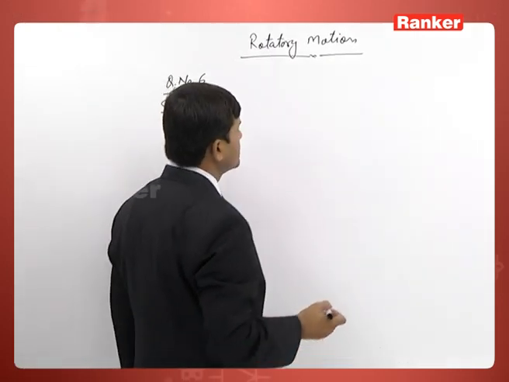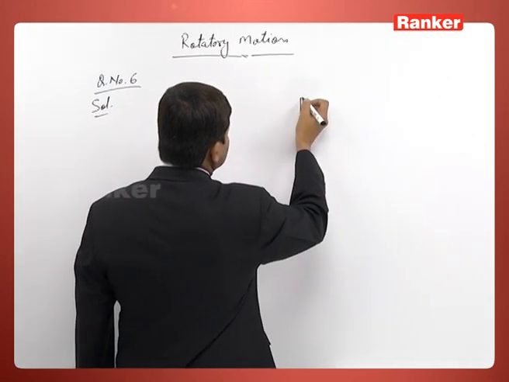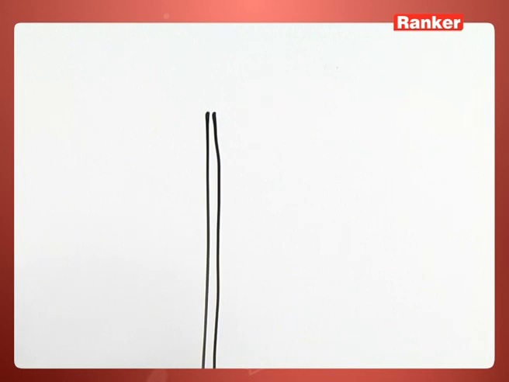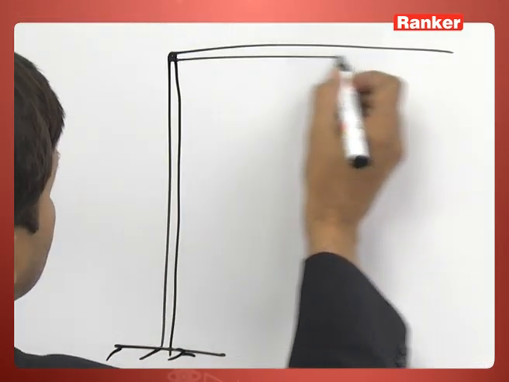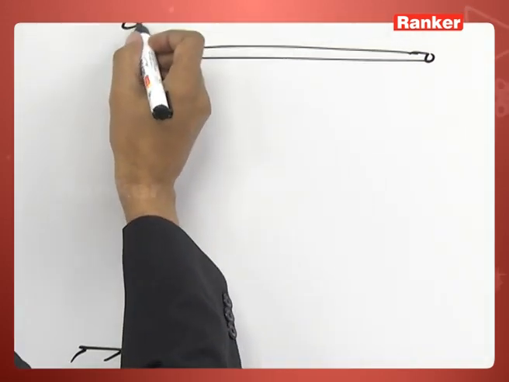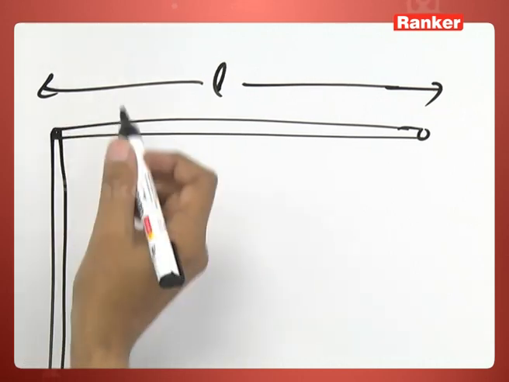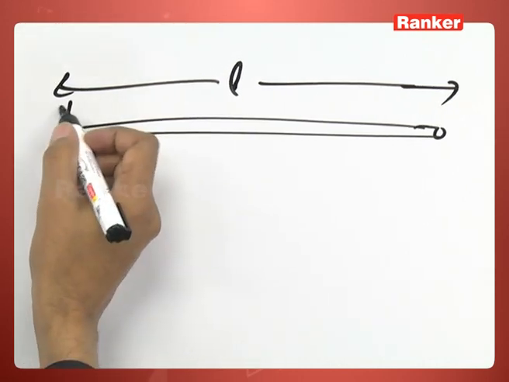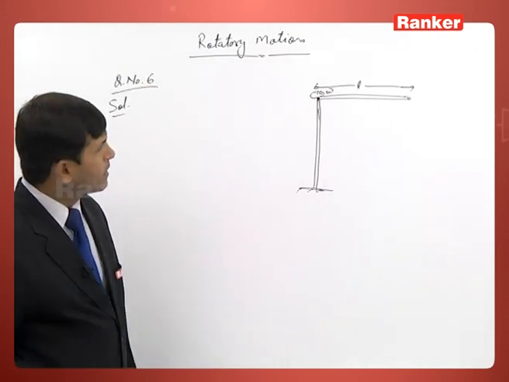First see the question here. This is the fixed support, and this is the rod, which has length L and rotates about this axis with angular velocity omega.